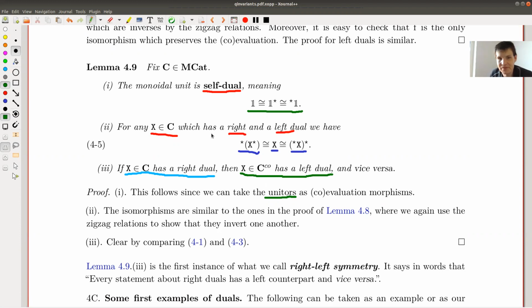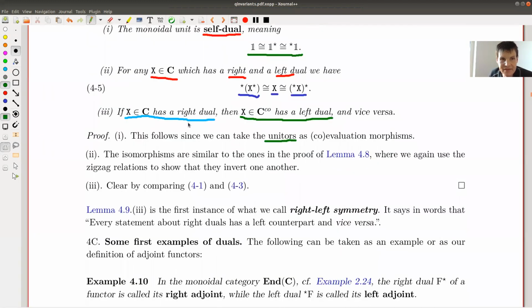It's a left-right symmetry. And indeed, that's what I will call it. I call it a left-right symmetry. Basically, it says every statement about right duals has a left counterpart and vice versa. So in some sense, you only need to write down statements about right duals or left duals, whatever you prefer.